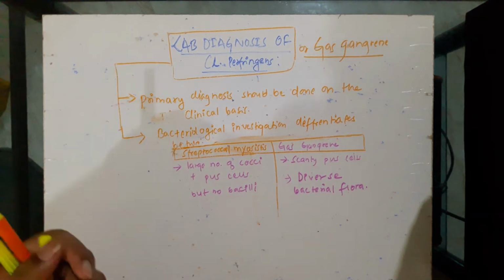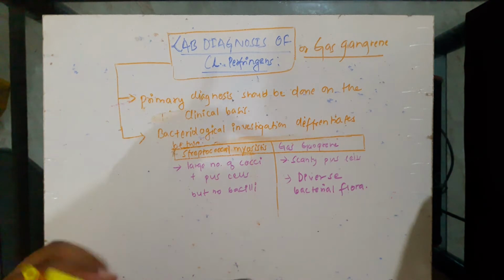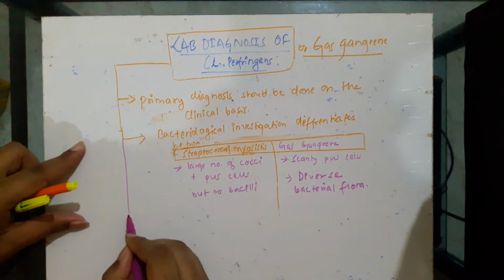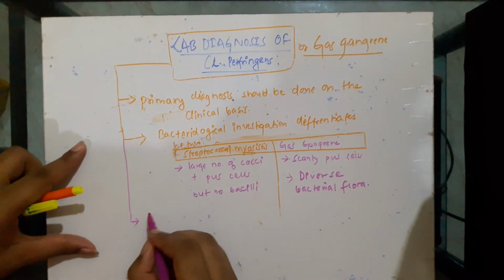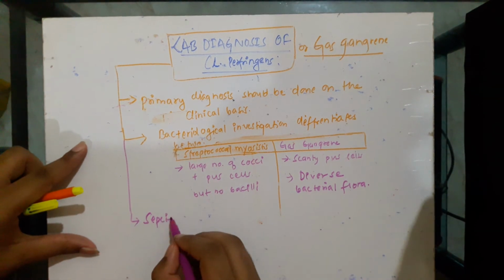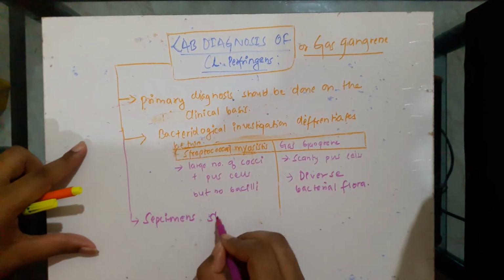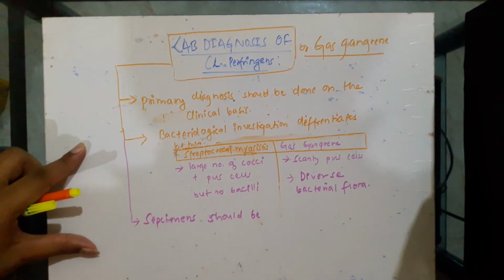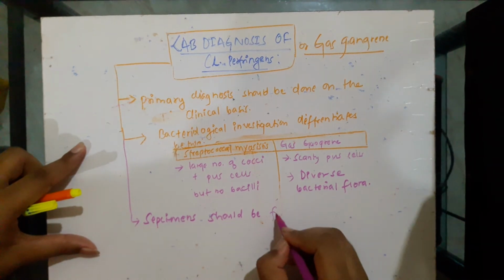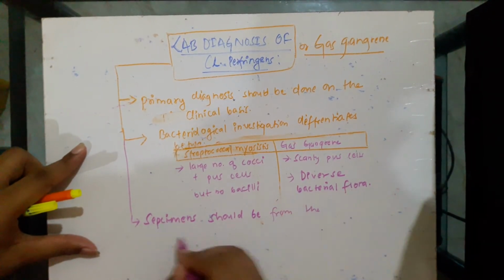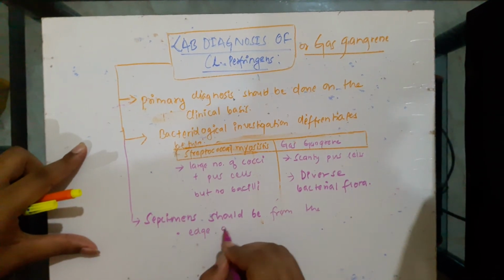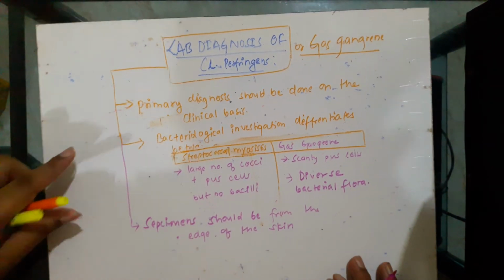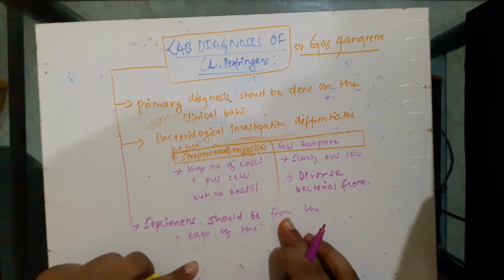So from where should the samples be collected? We'll write here the specimens should be collected from the edge of the affected muscle, sorry, not edge of the skin, edge of the affected muscle.